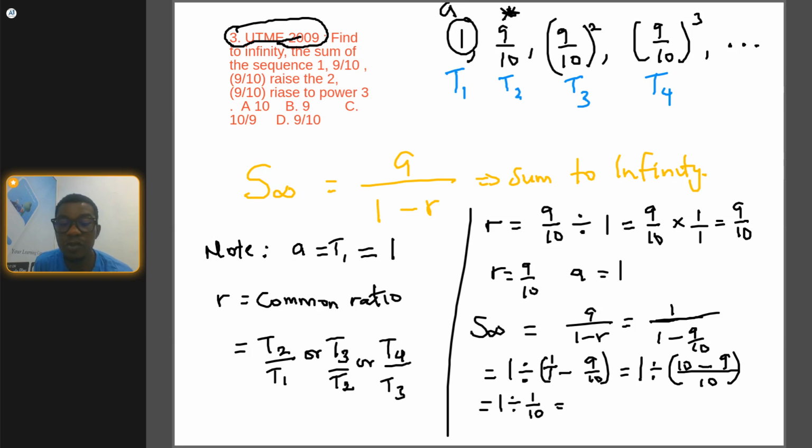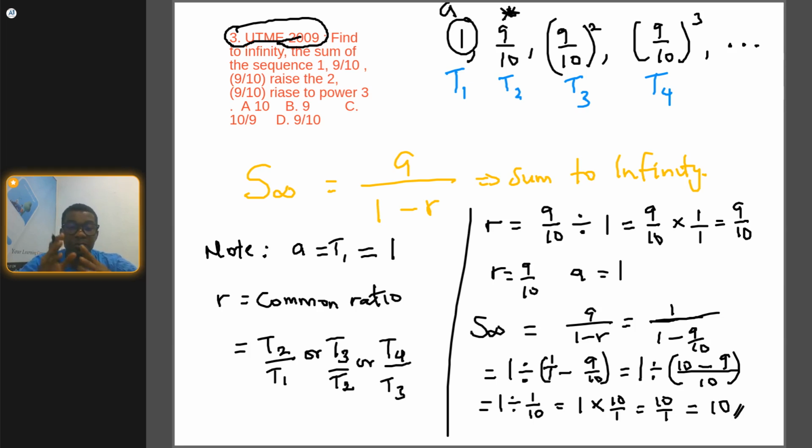When you change your division sign to multiplication, there's going to be a reciprocal, so 1/10 changes to 10/1. So I'll have 10/1, and the final answer is 10.